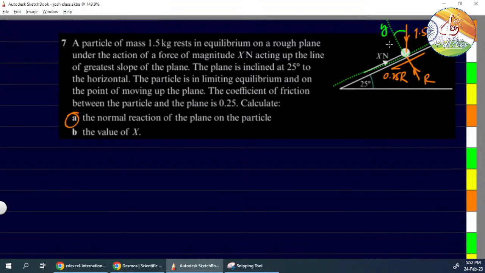What will be this angle? That angle will be 25 degrees. Now take all the forces one by one. Sigma y first: the upward force is R and the downward force is how much? 1.5 g into sine or cos?